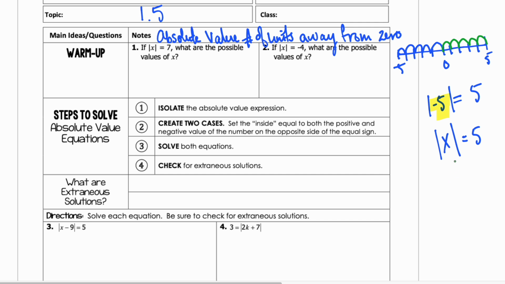Well, +5 is also 5 units away from zero. So if we're trying to find what the value of x could possibly be, it could be -5 or it could be +5, right? The absolute value of 5 is 5 because 5 is 5 units away from zero. And the absolute value of -5 is also 5, right? Because -5 is 5 units away from zero.